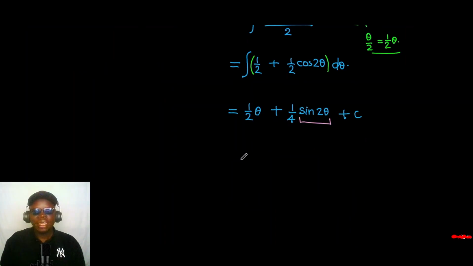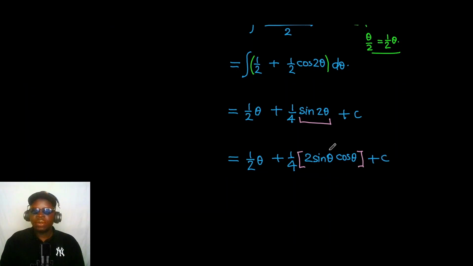So now let's maintain our first term as 1/2 theta plus 1/4. And remember, we're replacing this with what we have just written up here, and that is 2 sine theta cos theta. So for uniformity, let's close this up and add our constant of integration.